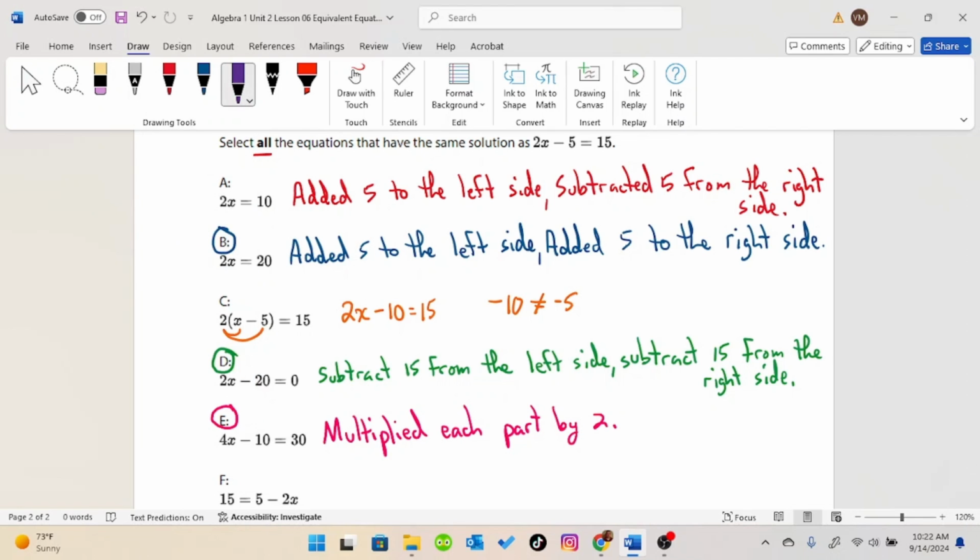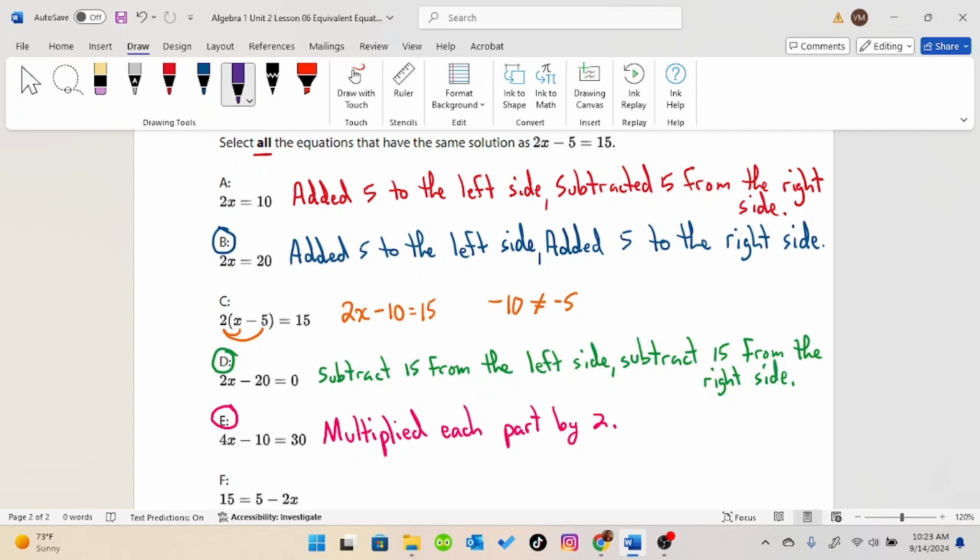And finally, choice F. We now have a -2 instead of 2, so they multiplied by -1.